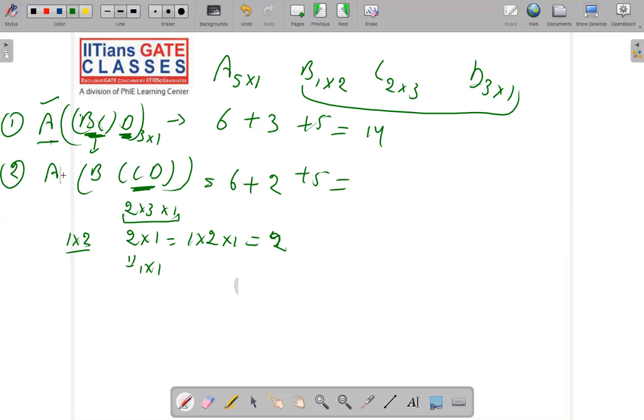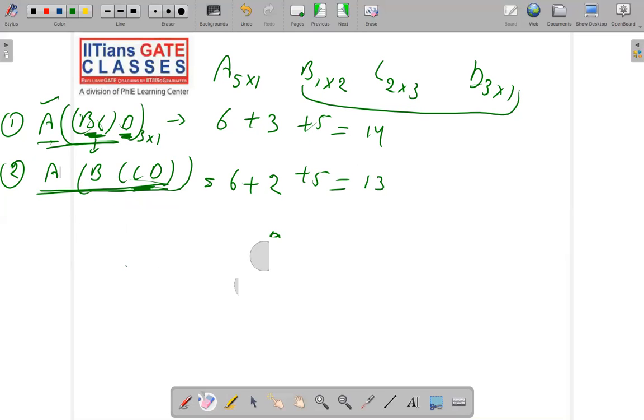So now you can see that this option is better than this one, because our efforts here are 13 and 14. Okay, let's erase this. Let's consider the next option.